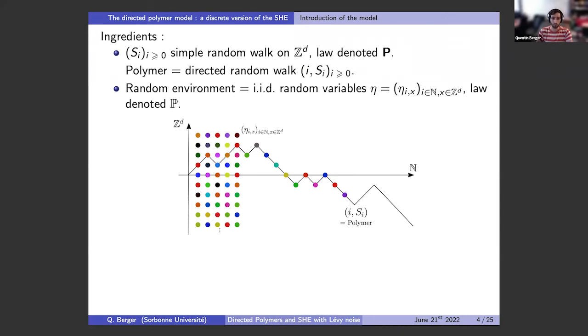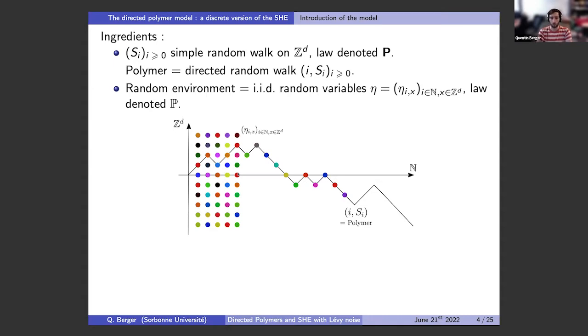You call that a random environment. So it's a directed polymer placed in a random environment. I've called the random variables eta, and they are i.i.d. You can think about that as the random environment being completely renewed each unit of time. It's the analogue of the space-time white noise I alluded to in the previous slide.